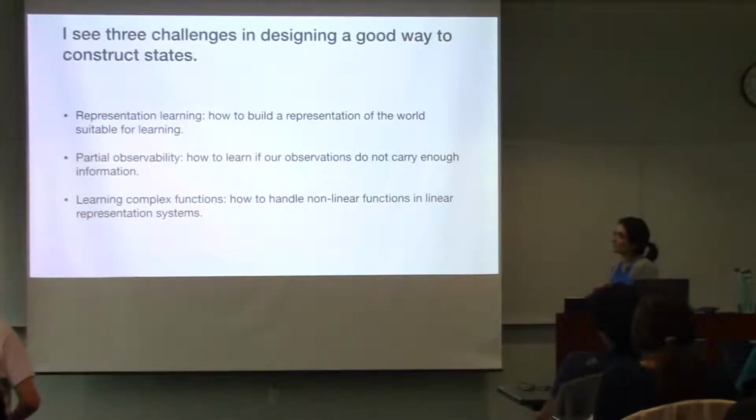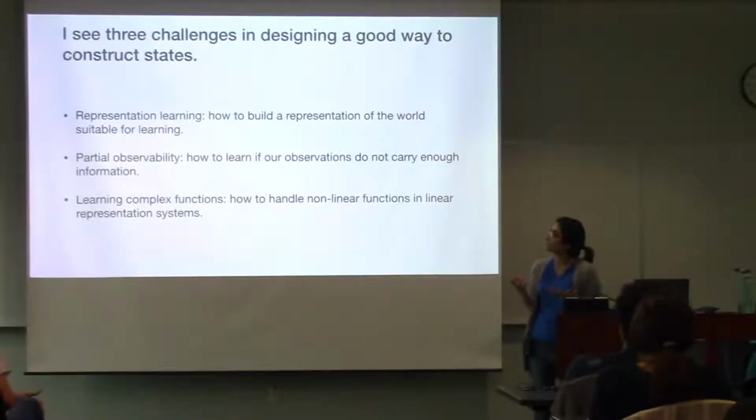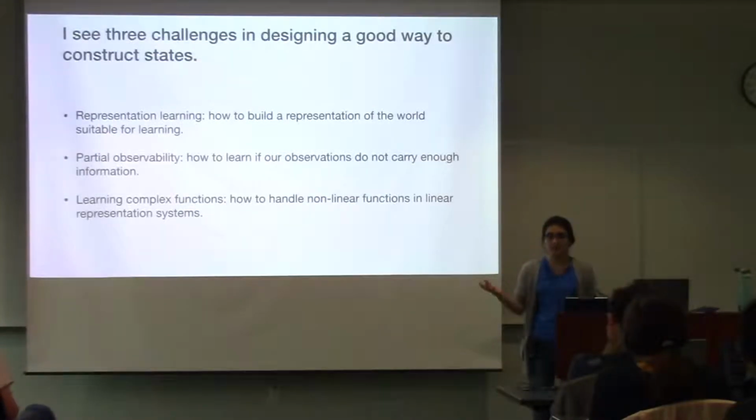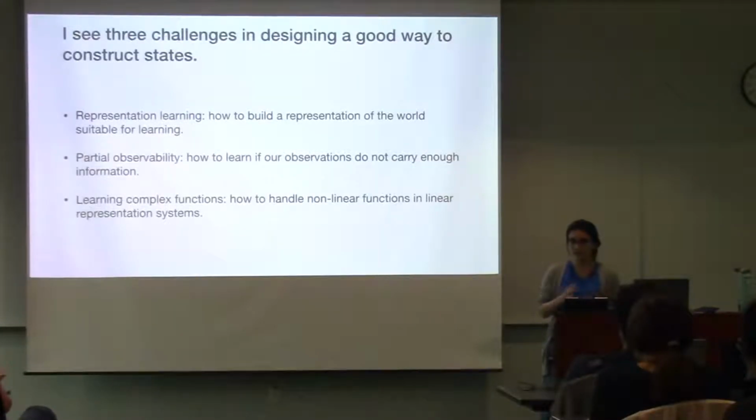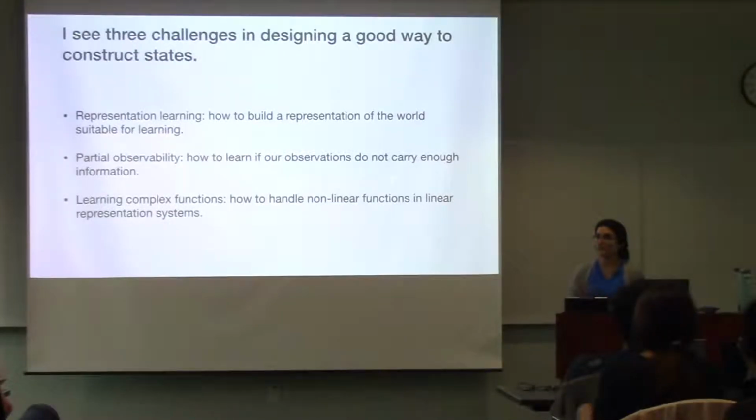So there seem to be three challenges when it comes to constructing the state. The first is how to build a representation which is suitable for learning. The second is how to learn when our observations do not carry enough information. And the third is how to learn complex nonlinear functions in linear representation systems.